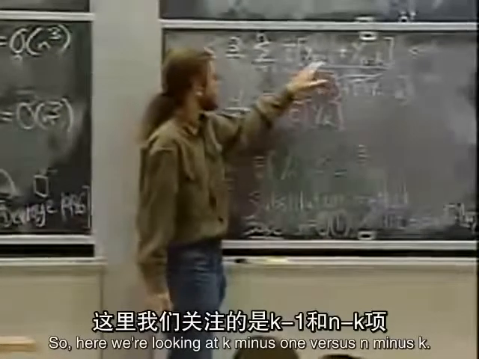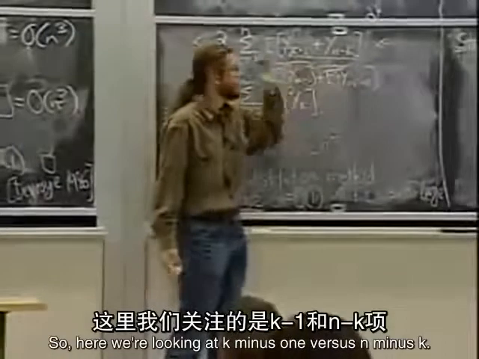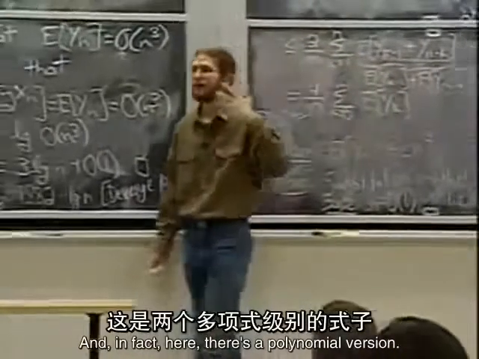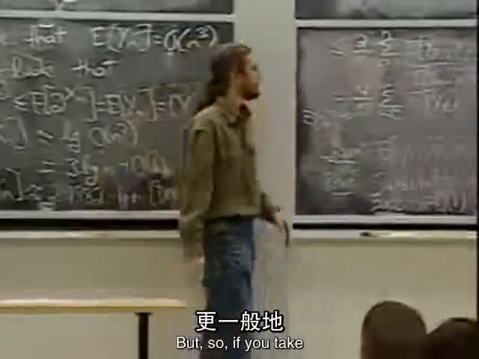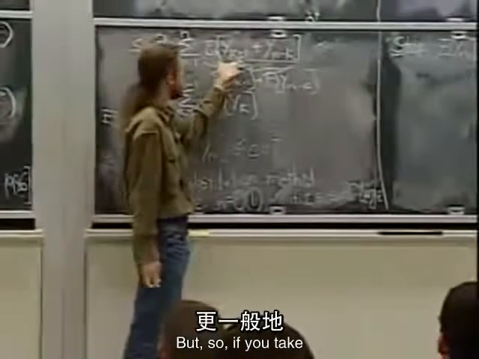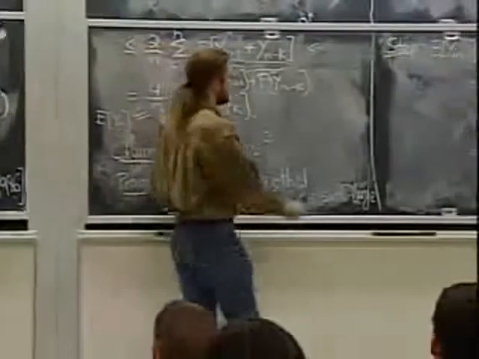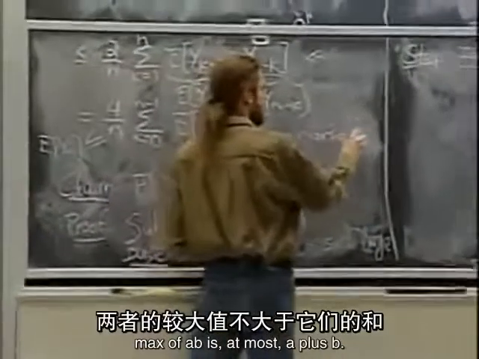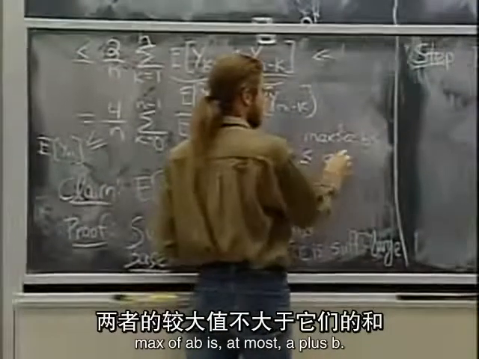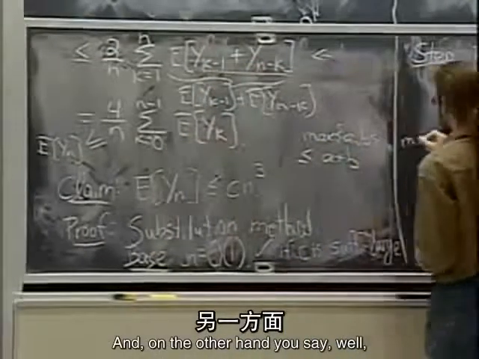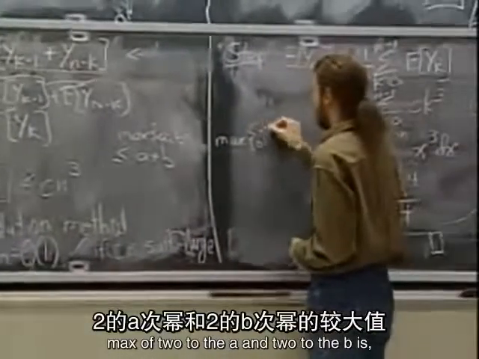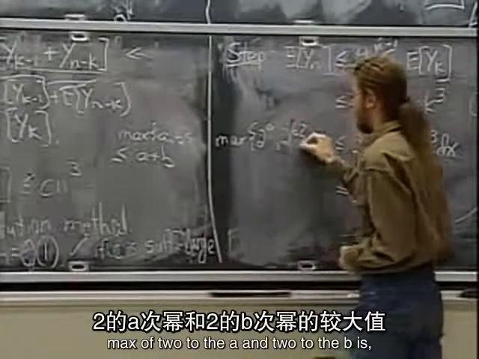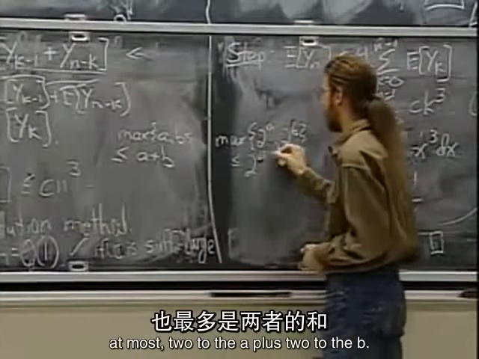So here we're looking at k minus 1 versus n minus k. And in fact, here there's a polynomial version. But so if you take two values, a and b, and you say, well, max of a and b is at most a plus b. And on the other hand, you say, well, max of 2 to the a and 2 to the b is at most 2 to the a plus 2 to the b.